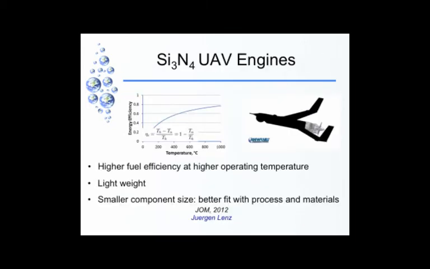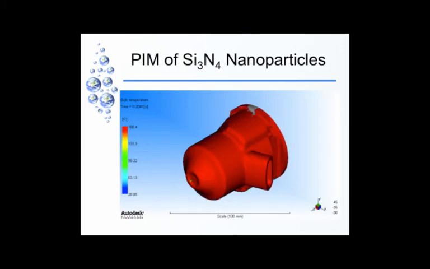This is one part of the engine component that, again, we went ahead, made the mixture, measured the different mixture properties, put it into a mold flow simulation platform, and looked for the viability of being able to fill it uniformly. And we found that we could fill it without a whole lot of defects.